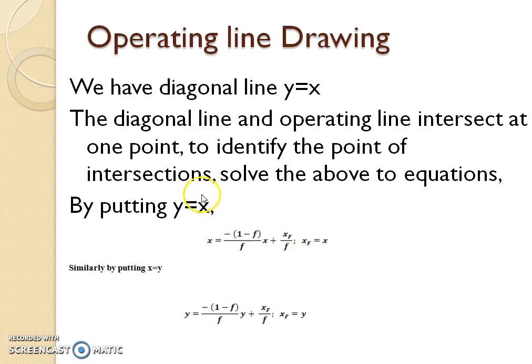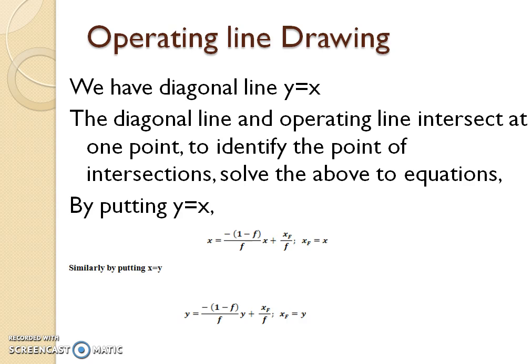To identify the point, we use another line called the diagonal line where X is equal to Y. The operating line and the diagonal line will meet at a particular point. To find the position of the meeting point, I put Y is equal to X in the above equation, and it is observed that X is equal to XF.